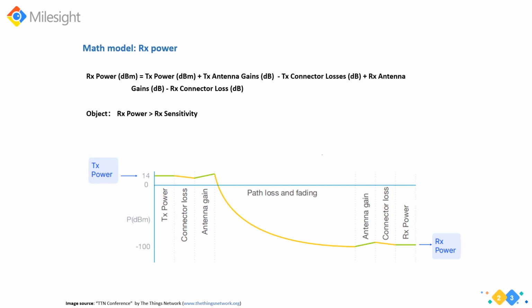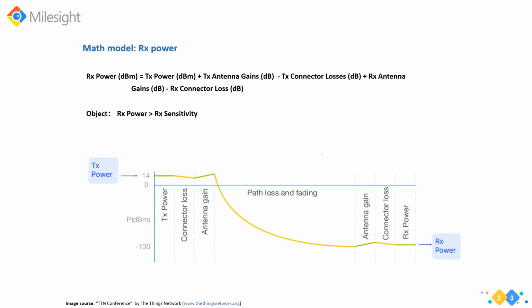Well, it's very important to figure out the receive power. It equals the transmit power, meaning the energy the transmitter used to transmit, that's the minimum power it must use. So the transmit power plus all the antenna gains of both transmitter and receiver, and minus the connector loss of both transmitter and receiver side.